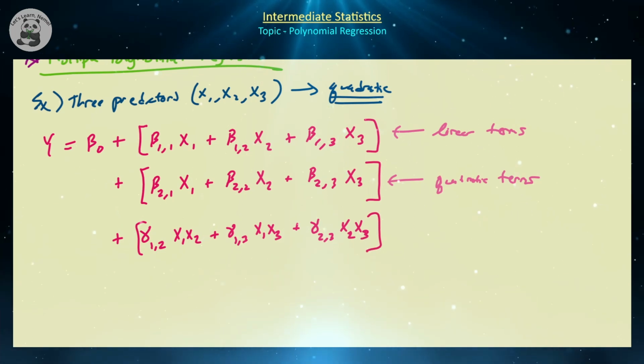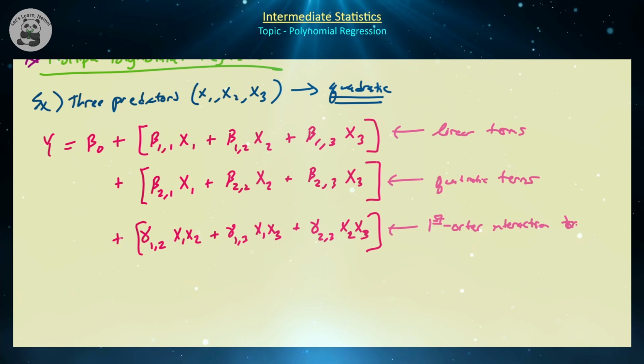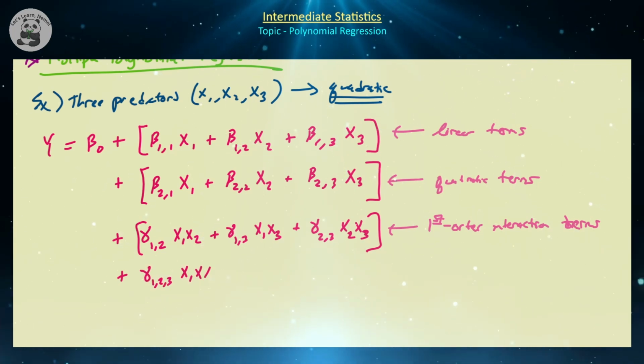So this is what we refer to as our first order interaction terms, because it's one variable interacting with one other. And then the last term is that x1, x2, and x3 all interact with each other, which we can call gamma 1,2,3, which is x1, x2, and x3 multiplied together. And that's all of our terms, and don't forget your residual term.